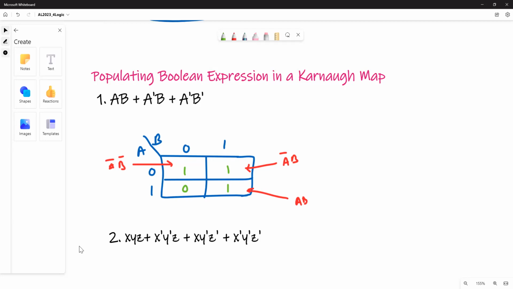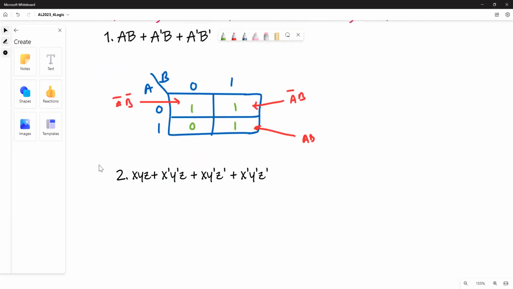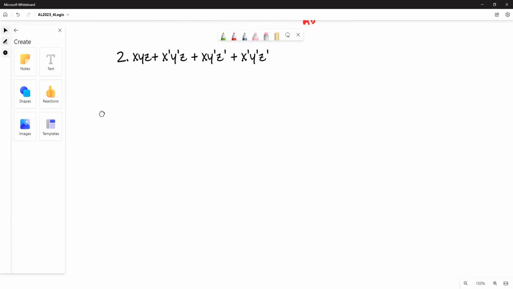Right. So let's take the second one. So here we have three variables. Three variables means we have to have 2 to the power 3. That means 8 cells, right? So let's draw 8 cells.